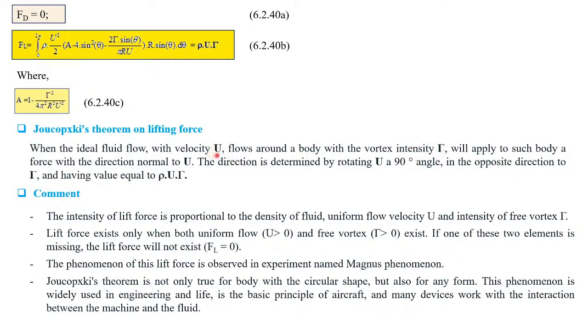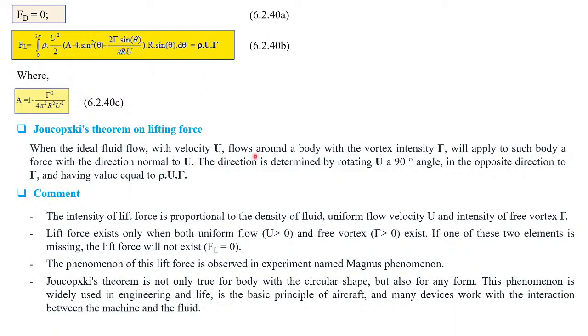We have uniform flow and vortex intensity for ideal fluid, U and gamma. And then we can get the lift force equal this one, and rho here is the density of the fluid. And we prove here this one.